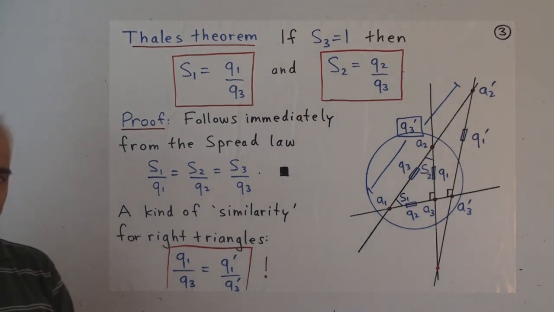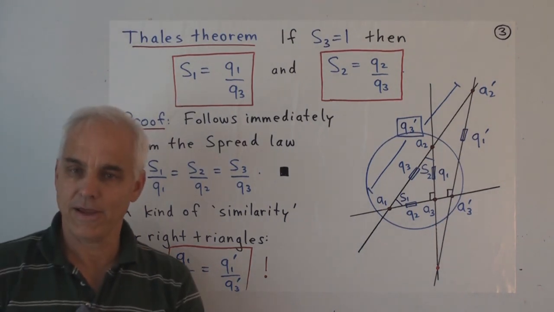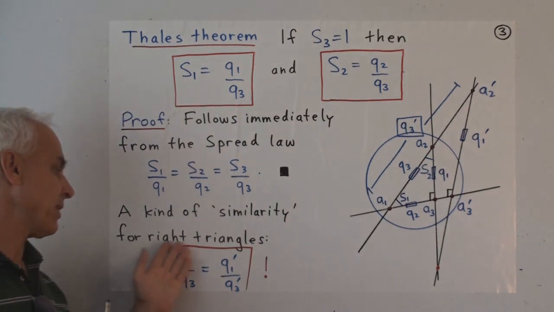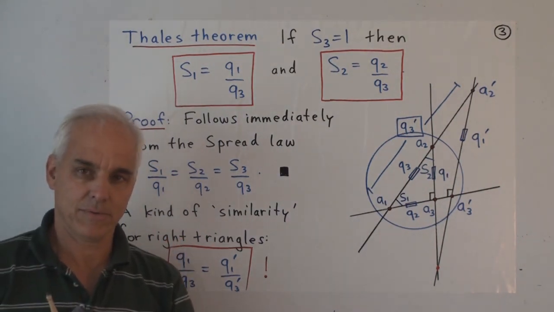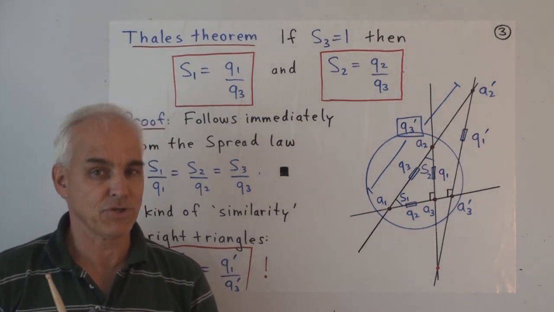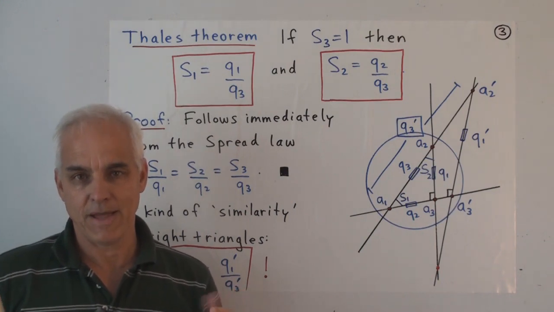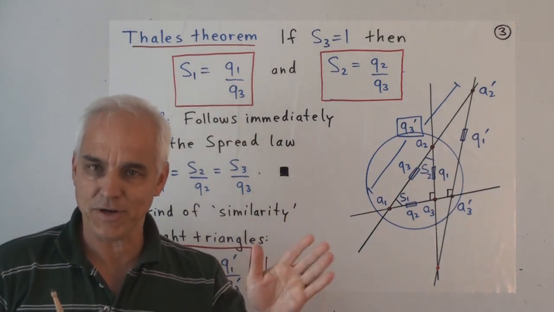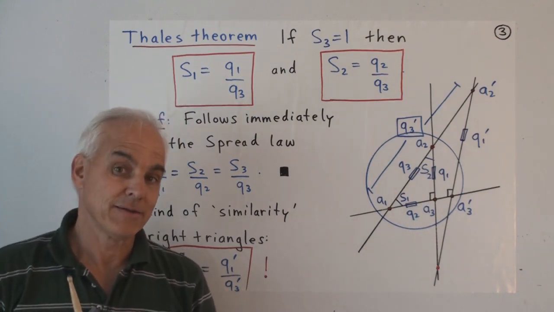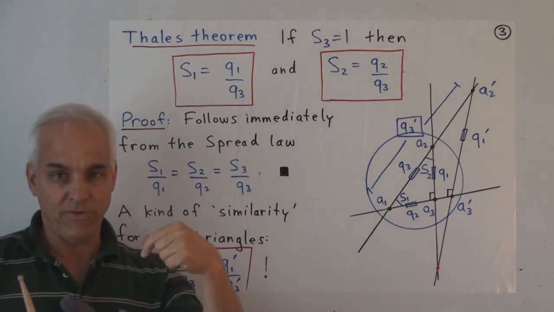One of its major implications is that there's a kind of similarity going on here in hyperbolic geometry, a similarity with respect to right triangles. Now in classical hyperbolic geometry, this is not properly understood. Classical hyperbolic geometry, that antiquated kind of stuff that you learn in textbooks and at universities, doesn't appreciate the importance of quadrants.